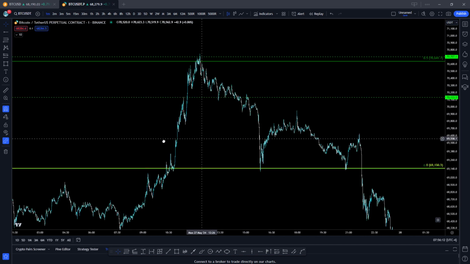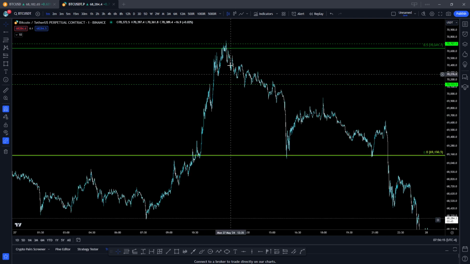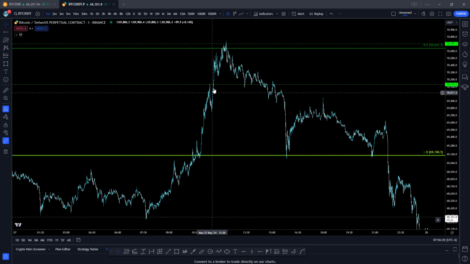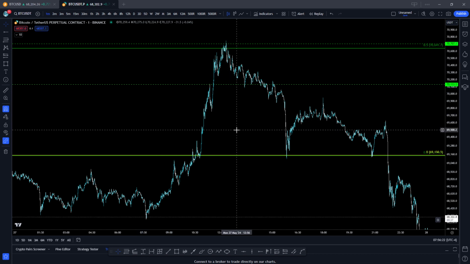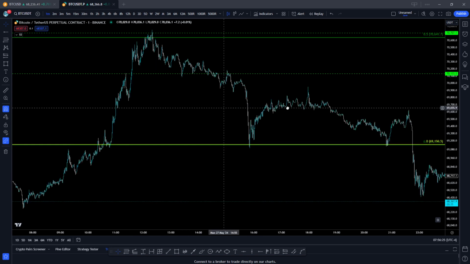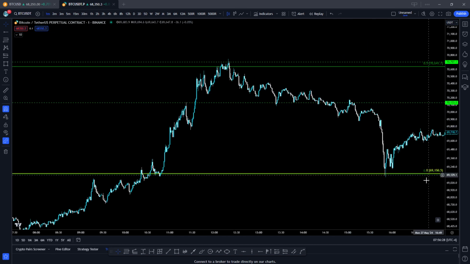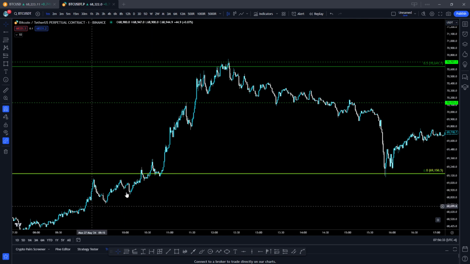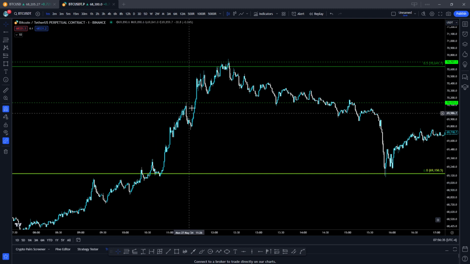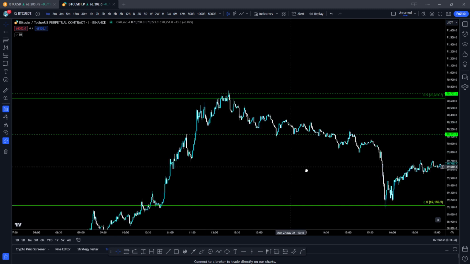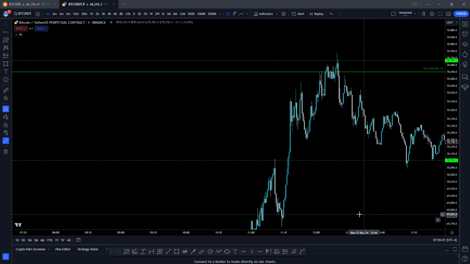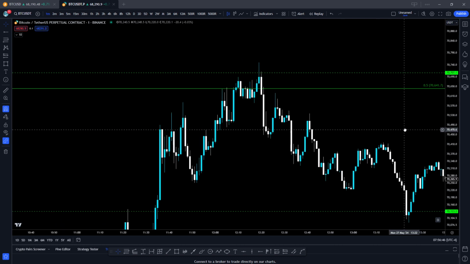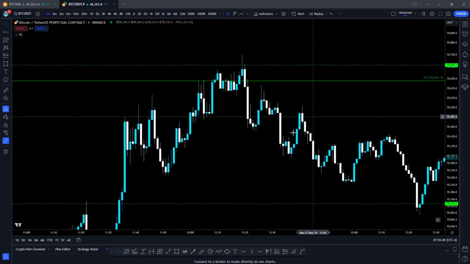And again, this is more of a change of state of delivery because we are going from this big bull move here, and then we change our state of delivery, meaning we're delivering upwards price here, and then we're delivering downwards price here. So price has shifted. The order flow has shifted from a bullish order flow to a bearish order flow.